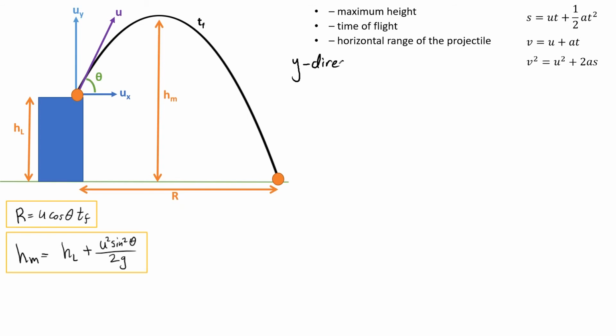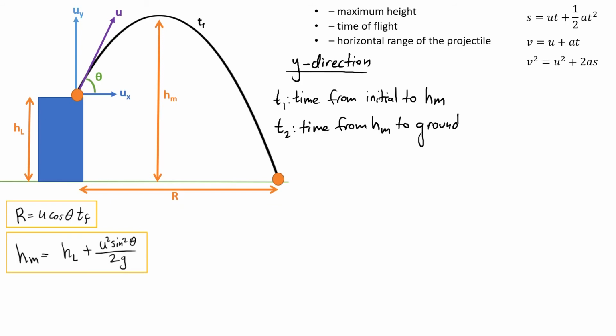So the y direction is the one of interest because we're considering this up-down motion and we need to time that somehow, right? So that's where the t variables are going to come in from our equations on the right-hand side. Now the y direction, time of flight, we're splitting this up into 2 components. So the time from the initial position to Hm, we're going to call T1, and T2 is going to be the time from Hm back down to the ground.